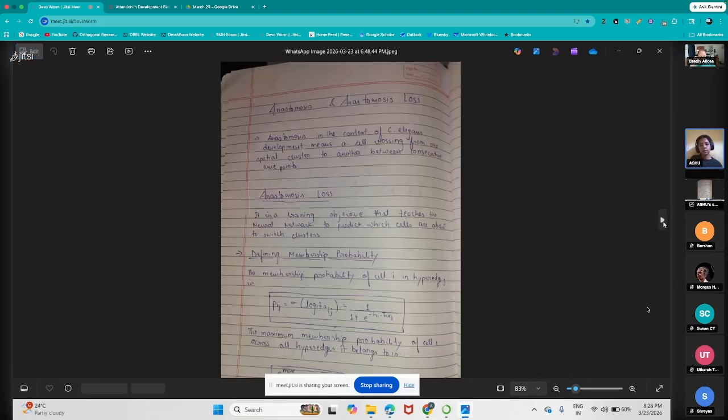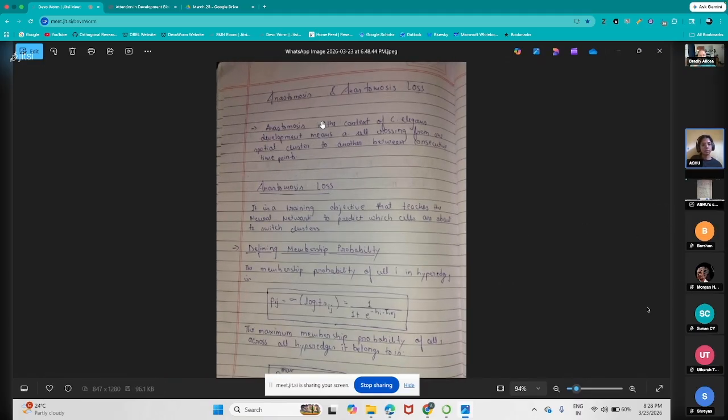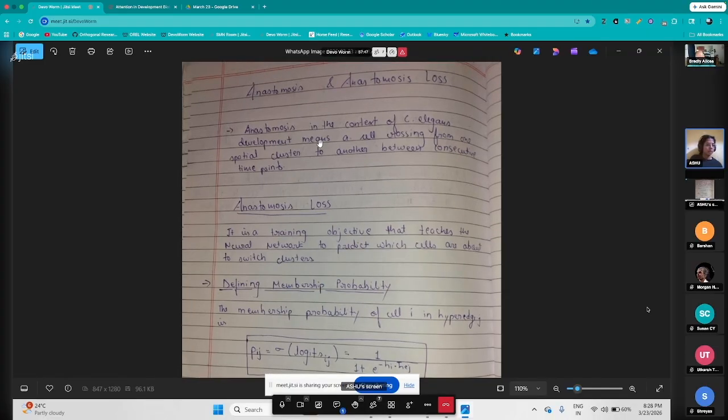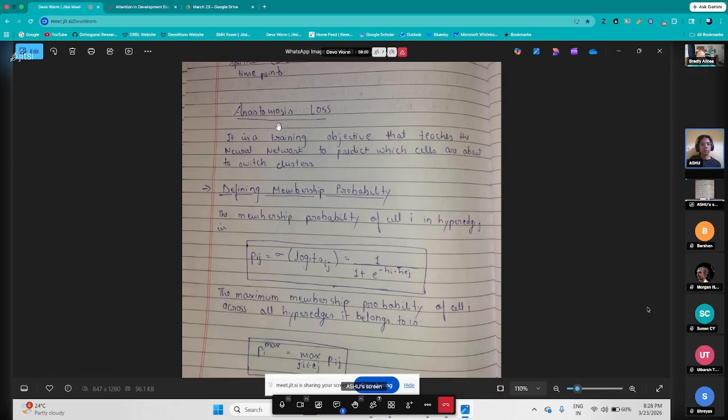Another part is the anastomosis and the anastomosis loss. Anastomosis in the context of C. elegans development means a cell crossing from one spatial cluster to another between consecutive time points. It is handled by the anastomosis loss in the training objective, which teaches the neural network to predict which cells are about to switch clusters. Initially, in the embryonic stage, the cells divide.